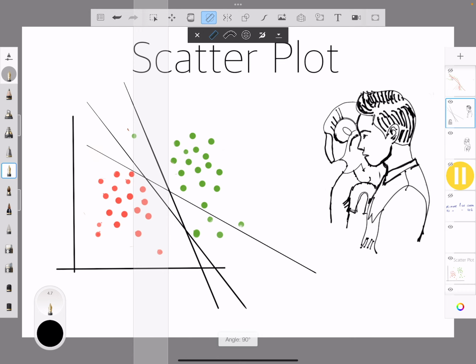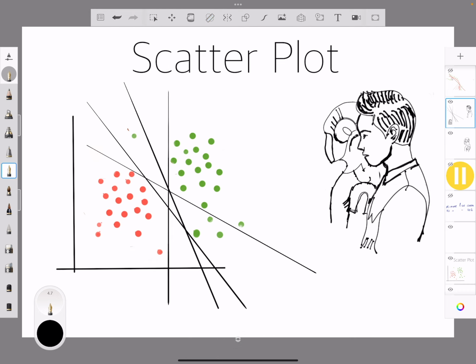It might get confusing, but we have 4 decision surfaces and they're linear.